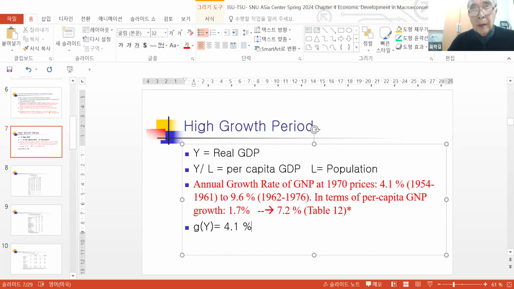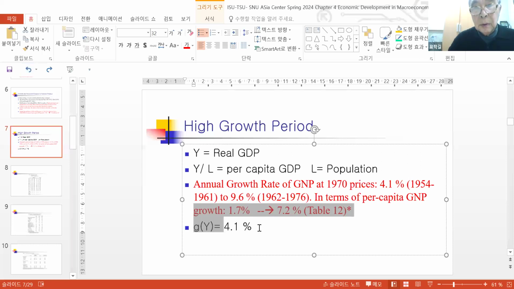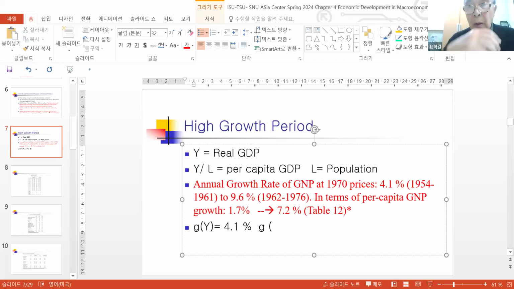Okay. Now, it says per capita GNP, growth rate of Y divided by L, per capita GDP, is 1.1%.